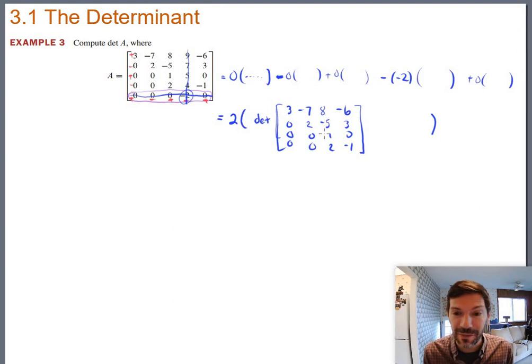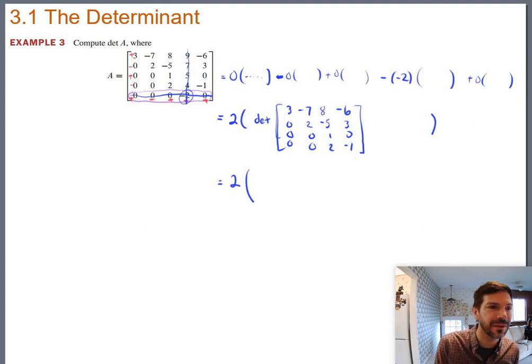How do I find the determinant of this? Cofactor expansion. So 2 times, and for the cofactor expansion here, this is a whole new little determinant problem to do. Again, first row would be fine, third column would be fine, and again, just so I'm departing from the way the book did it, I will choose the third column.